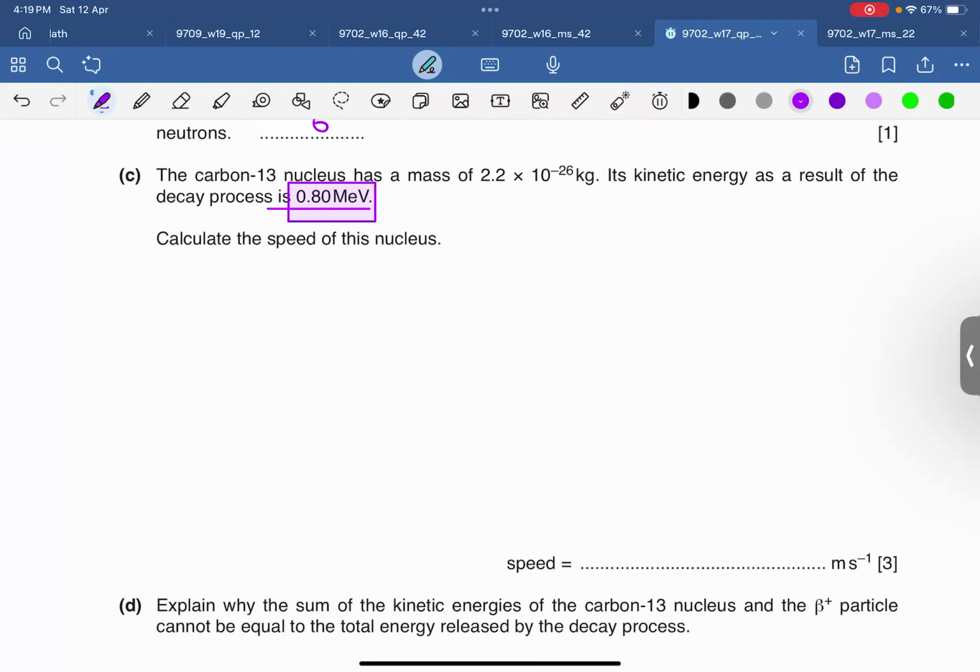Sir, do you multiply 0.80 by the elementary charge? And then you convert mega into normal, 10 to the power 6. Then you can take it as joules and equate it to half mv squared and solve. Yes, I think. Okay, Gulmina, do you have any idea?